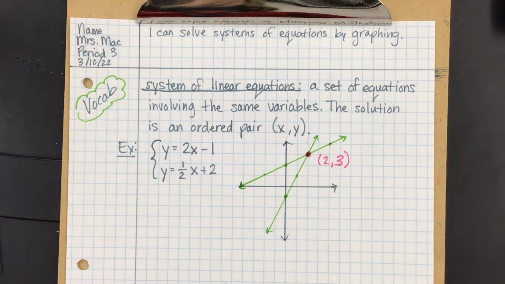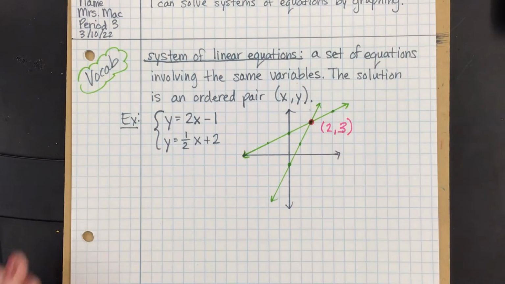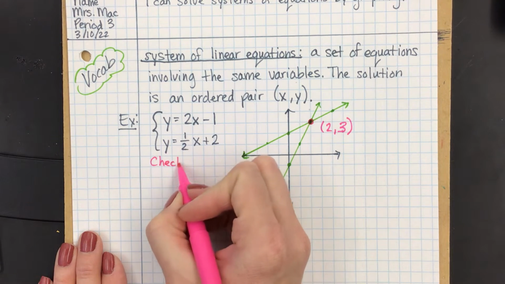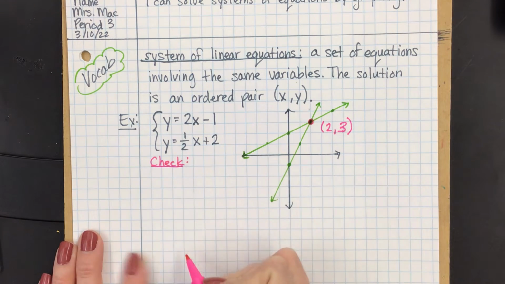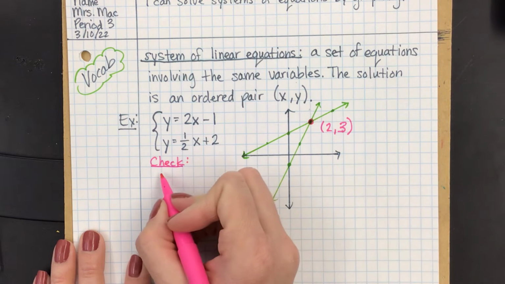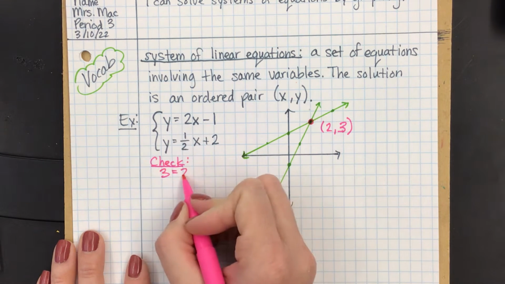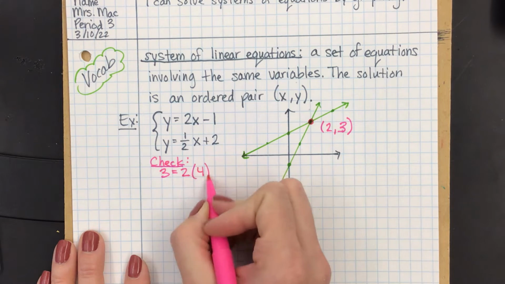Now, it is really important that you check that point and make sure that it actually is a solution to both of those equations. So that's what I'm going to do. My y is 3, so I'm going to do 3 equals 2 times, and then my x is 2.